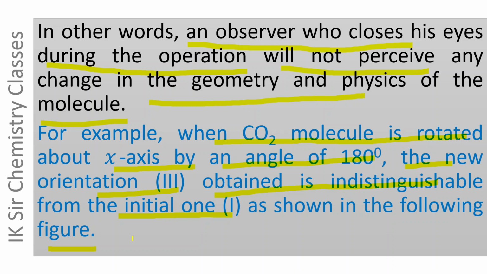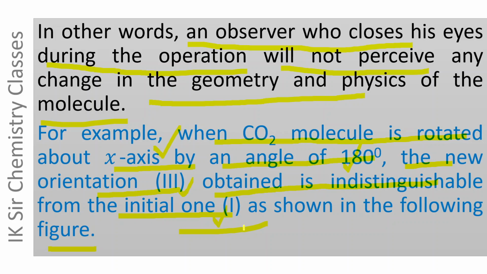If CO2 molecule having initial orientation 1 is rotated about x-axis by an angle 180 degree, the new orientation obtained in this way is 3 and it is indistinguishable from the initial one, and hence we can say that CO2 molecule has symmetry.